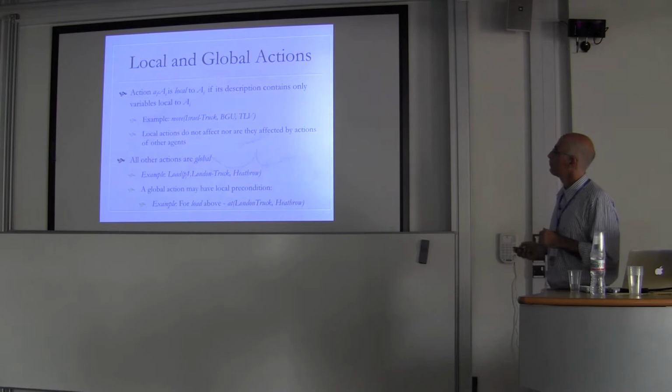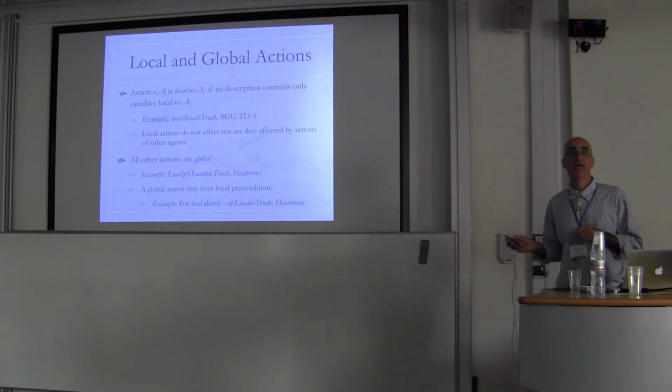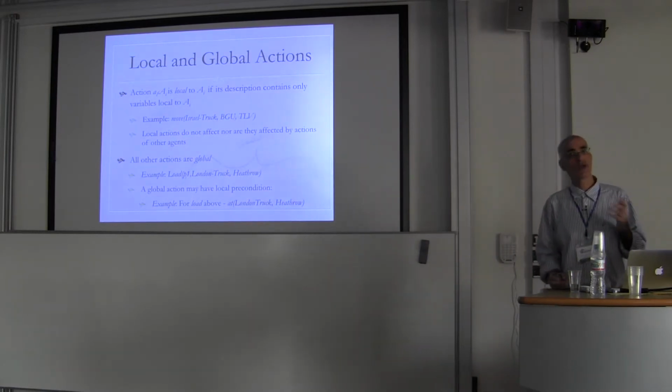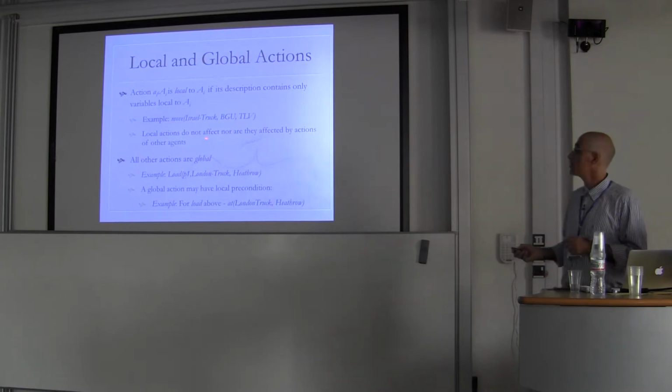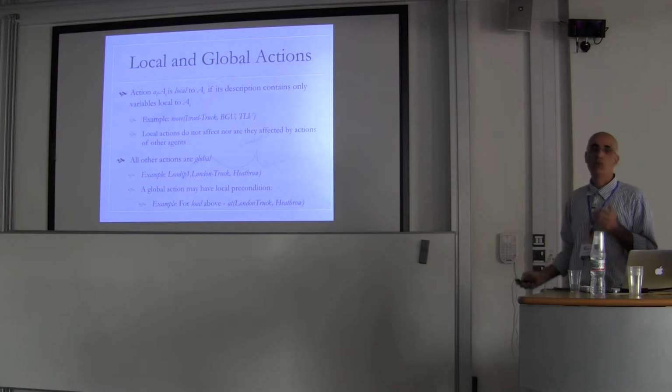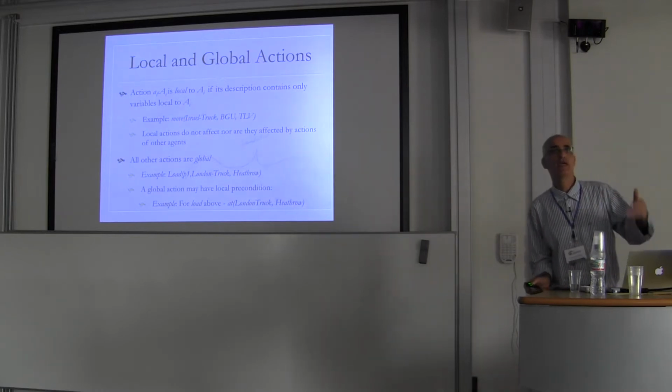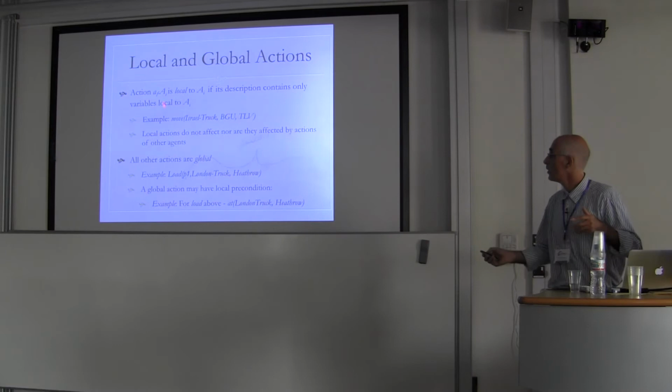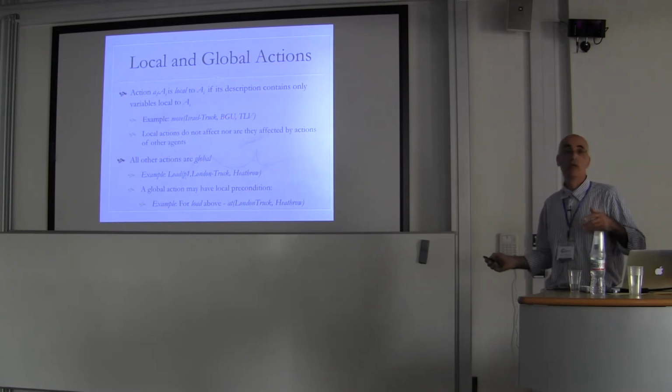We don't only have local and global variables, we also have local and global actions. Again, this is a derived notion. An action of agent I is local to that agent if its description contains only variables local to this agent. So for the move action, what are the preconditions? The truck being at the origin. What are the effects?